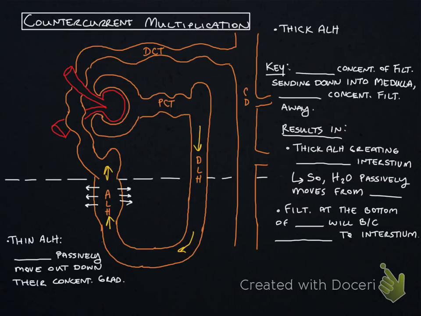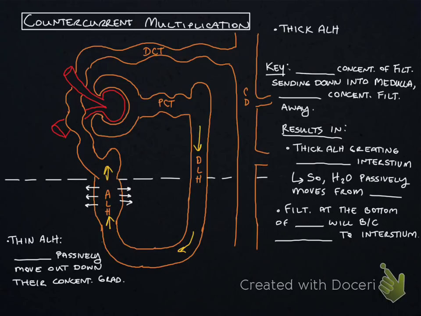So countercurrent multiplication, what does that mean? Well, we need to take a closer look at the different parts of the nephron. It's countercurrent because the ascending loop of Henle and the descending loop of Henle go in opposite directions, the filtrate. So descending goes down, ascending goes up.